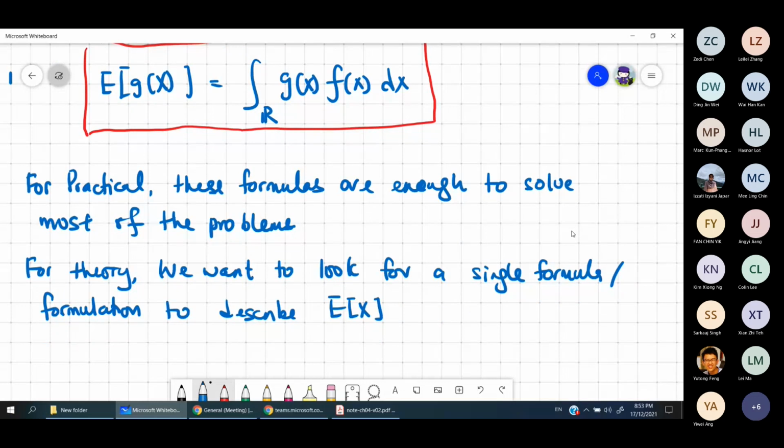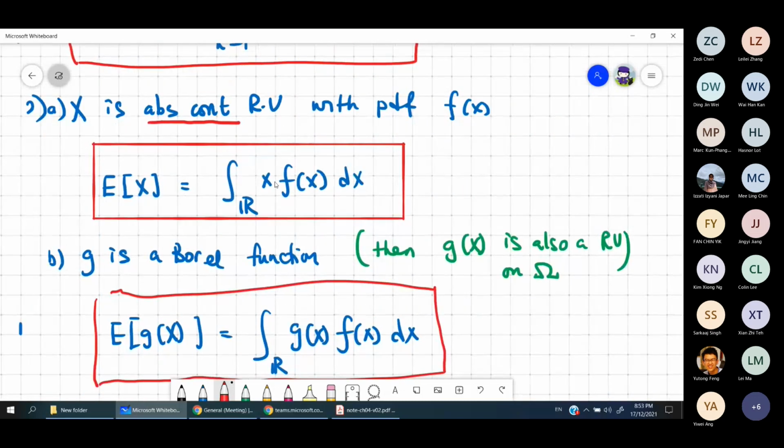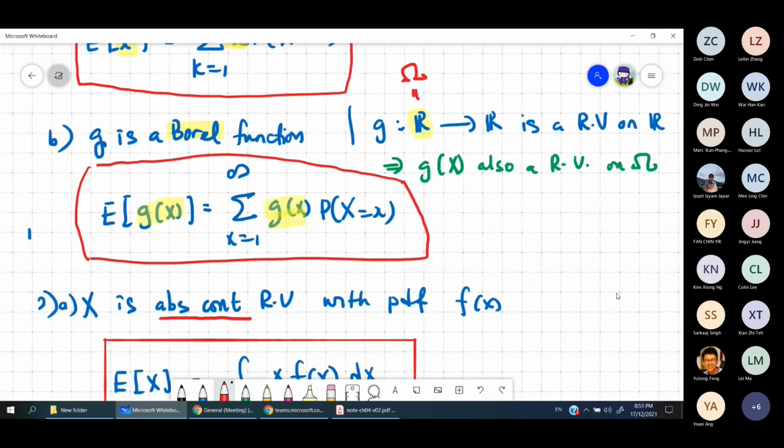That is the point. In theory we always want to unite all the formulas, so that instead of every time saying discrete case, we use this formula, and for the continuous case, we use another formula.